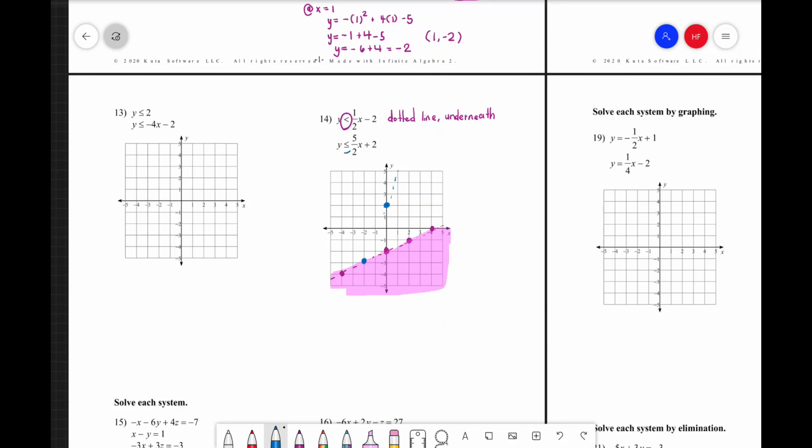Oops, it has a line underneath, so it is a solid line. And it's still less, so it's underneath. So we're going to have a solid line. And we're shading underneath that line. So everything that is less than that line. So everything here.